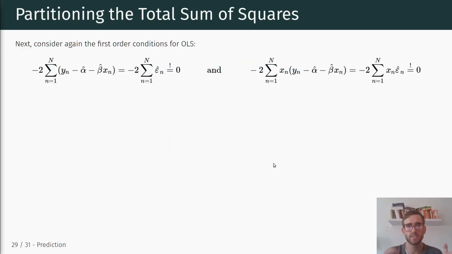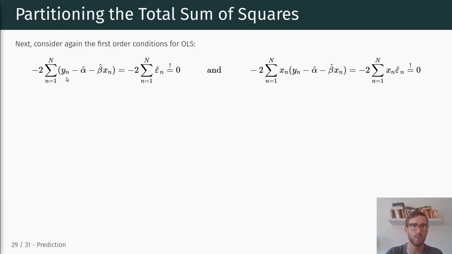Now consider again the two first order conditions for OLS in the bivariate case. We had the first order condition yn minus alpha hat minus beta hat xn being equal to 0. That was the first order condition for alpha, and we had the first order condition for beta, right?